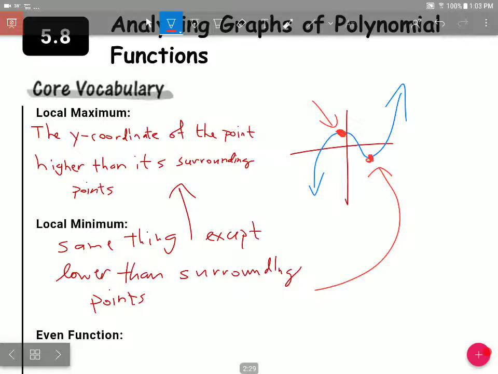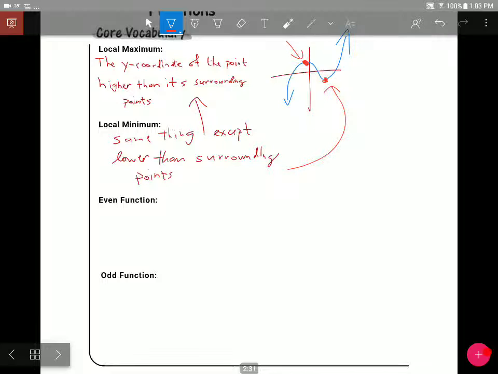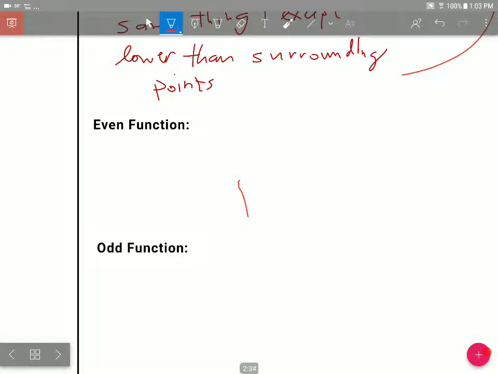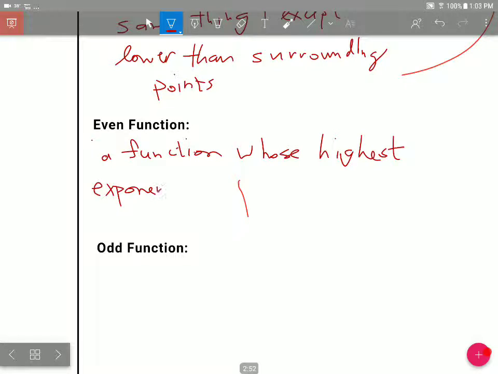All right, even function. An even function basically is a function whose highest exponent, aka the degree, is even.